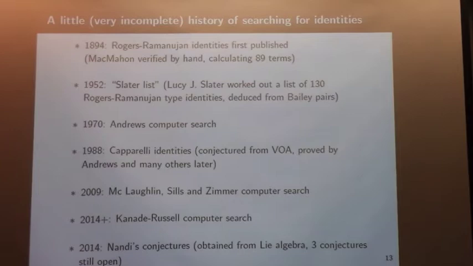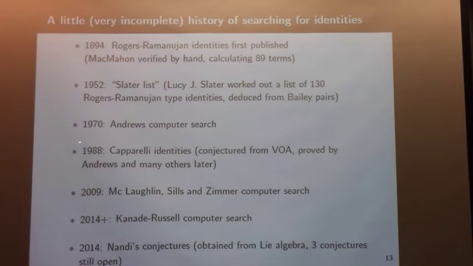In the year 1952, Lucy Slater worked out a list of 130 Rogers-Ramanujan type identities deduced from Bailey pairs. Bailey was her advisor, and so she worked out more Bailey pairs, and then worked out a list of 130 Rogers-Ramanujan type identities. Many of them were new at that time.